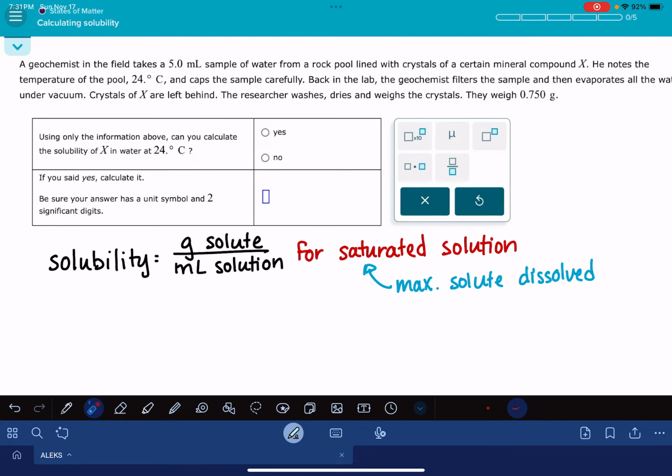Now, this particular version of the problem tells us that we have a 5 milliliter sample of water. If our solution is saturated, that's going to be the volume. And it says that it is taken out of a pool that is lined with crystals. And if we see that word crystals, that is a pretty strong hint that the solution is actually saturated.